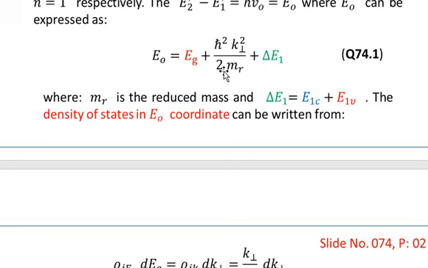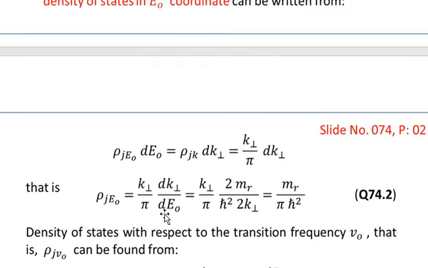Just take the derivative of dE naught over dk, and then take the reciprocal of the quantity on the left hand side and also on the right hand side to find the expression of dk perpendicular over dE naught, and then substituting that value over here, which is equal to 2 mr over h bar squared into 2k perpendicular, will give you the total value. So simplifying this expression will give you on the rightmost side mr over pi h bar squared. This is the value of rho j E naught.